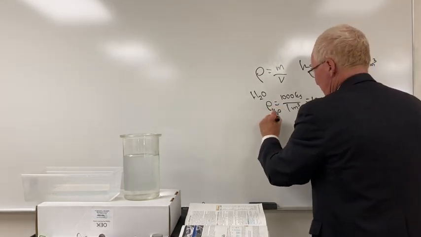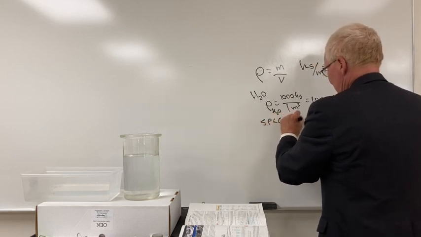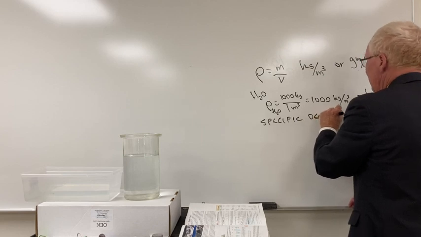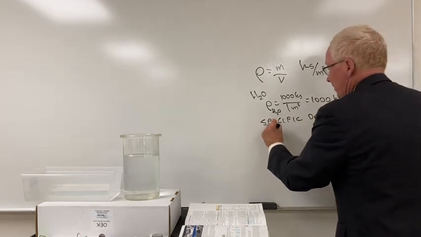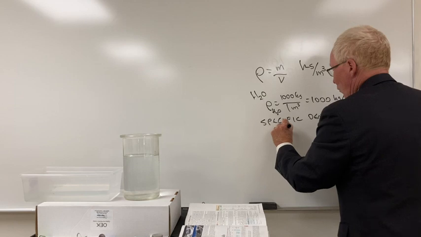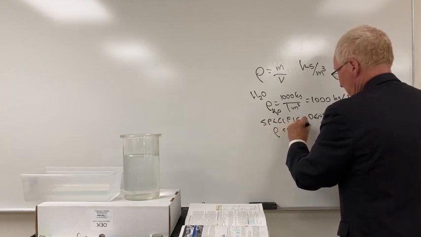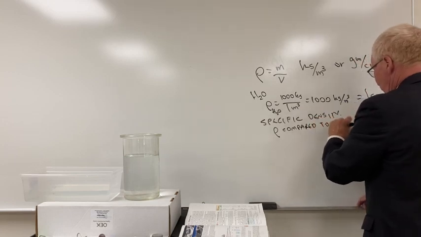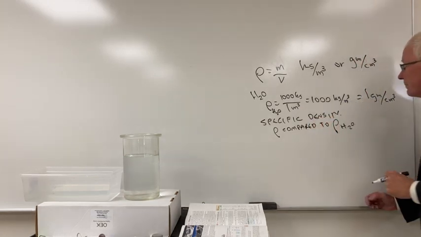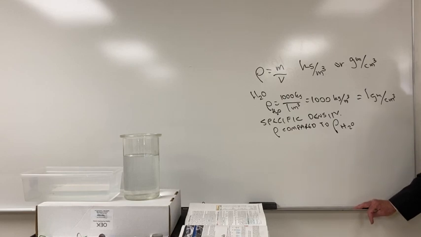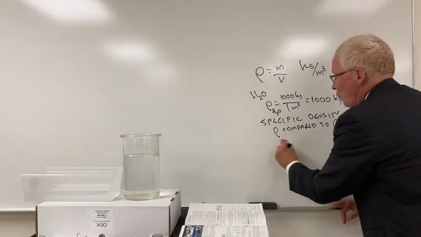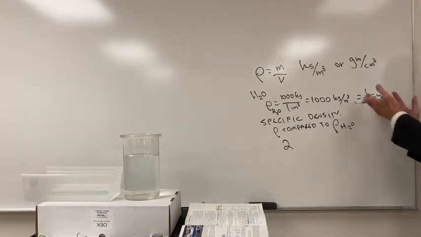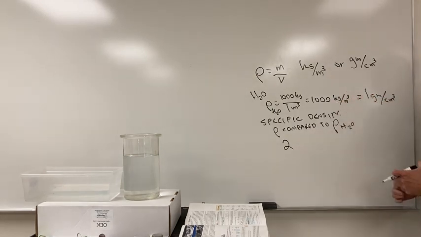But if we talk about specific density, this will be density rho compared to the density of water. Okay? So if something has a specific density of 2, that means its density is 2 grams per cubic centimeter, or 2,000 kilograms per cubic meter.